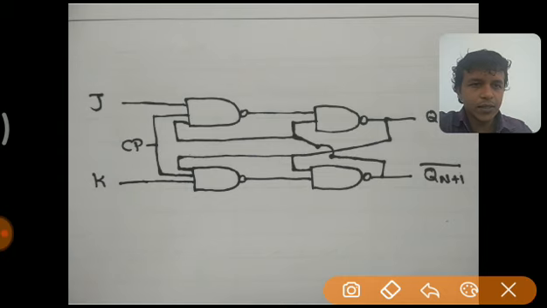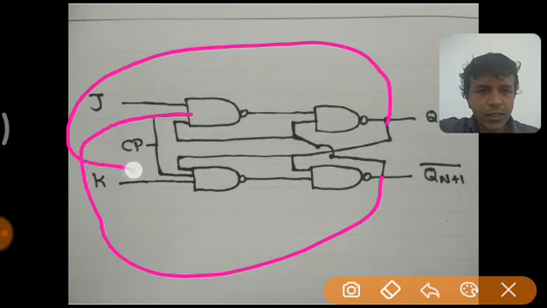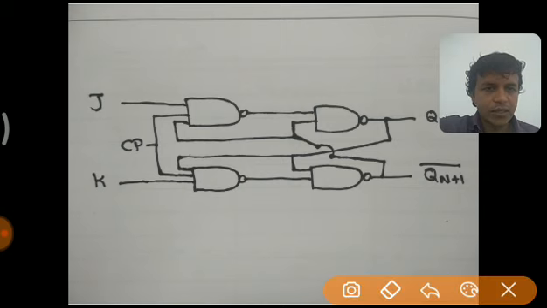The only thing is, from this output a feedback line is taken, and it is given as the input to J, and from this a feedback line is taken, and it is given as the input to K. So this is the only thing that makes the change between SR flip-flop and JK flip-flop, the feedback line.